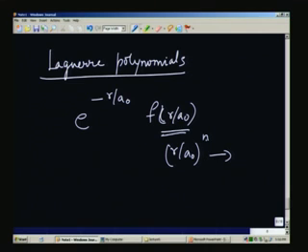The only thing is, as n increases, the value of r by a naught for which the exponential starts dominating over the polynomial becomes farther and farther, that is higher and higher.